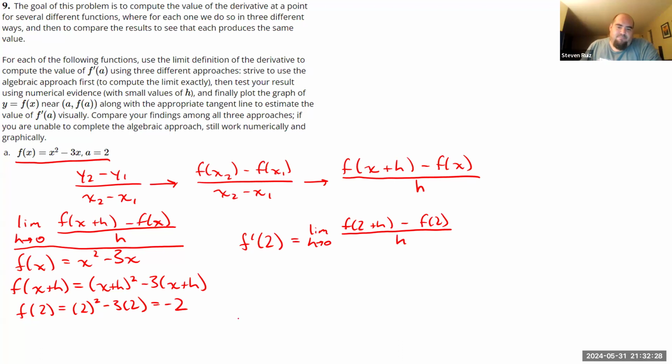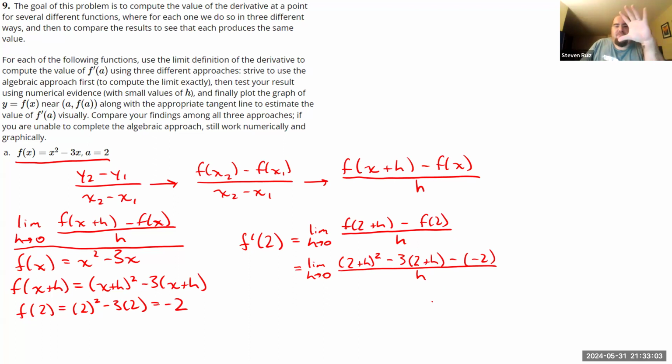There's one ingredient we haven't yet done. I'm going to replace x plus h with 2 plus h, and I'll do that in the limit definition. So the limit as h approaches 0 of f of 2 plus h, which should be 2 plus h squared minus 3 times 2 plus h, minus f of 2, which we said was negative 2, all over h.